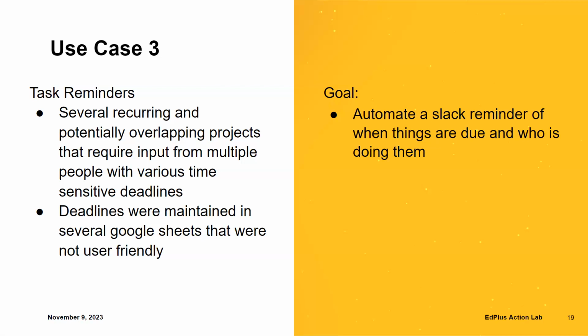It was very difficult to get everyone on the same page doing the same things and know when someone else is doing something. And if you're relying on one person to give all that information, you're just getting hung up. So we had a goal to automate the Slack reminder of when things are due, who's doing them, and what they're doing.